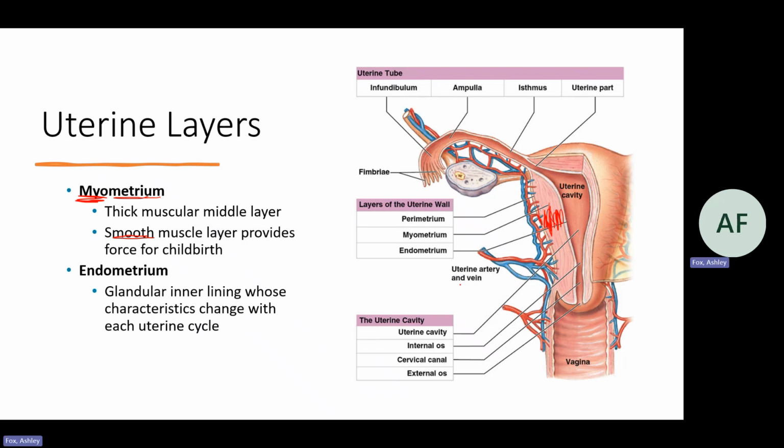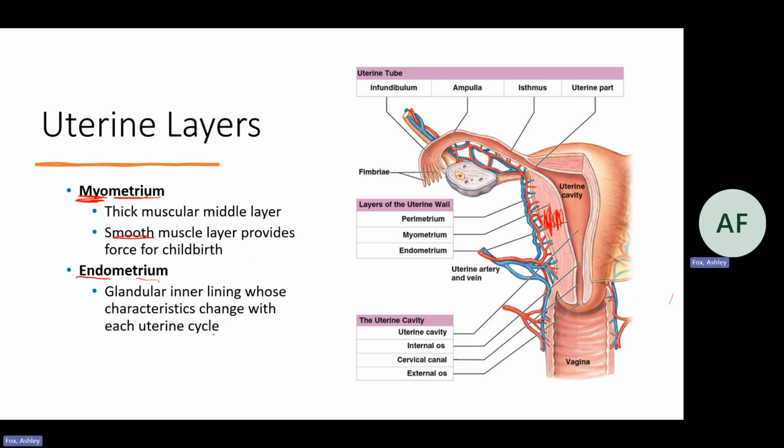The third layer, again, metrium means uterus, and then endo means inside. So the third layer is the one that changes. It grows and shrinks based on the uterine cycle. So this is what's sloughed off during menstruation and then grown back and then sloughed off depending on what's occurring each month.